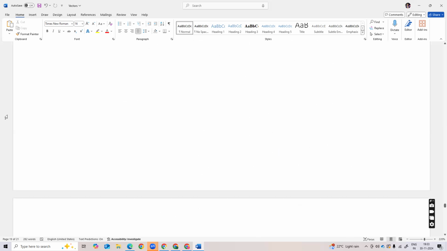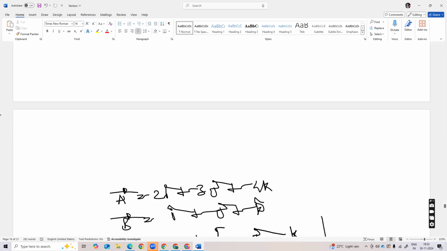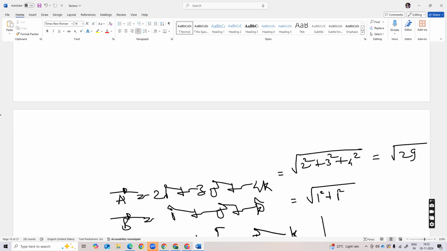And if you find out the individual magnitudes, then the magnitude of A is square root of 2 square plus 3 square plus 4 square, which is root 29. And for B, square root of 1 square plus 1 square plus 1 square, so it is root 3.